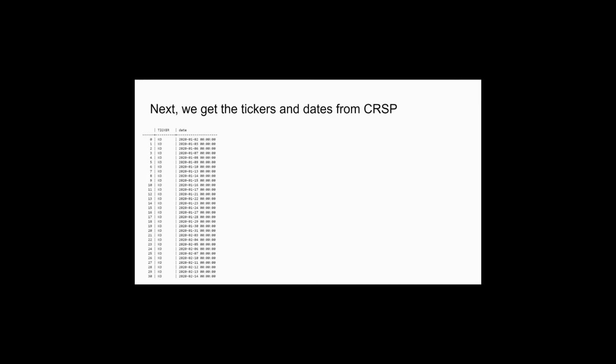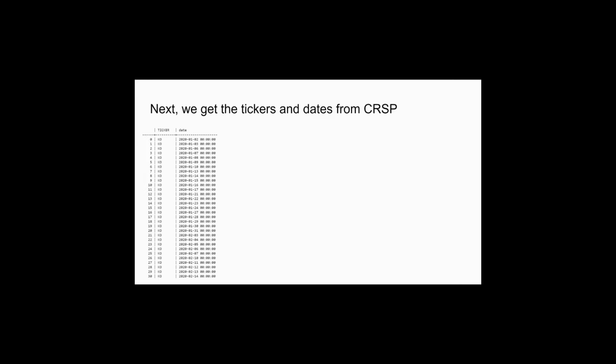Okay, so now if you think about it, what we want to do next is merge. This is the CRISP data. We want to merge in the CompuStat earnings announcement data, right? So we have these returns data every single day, and then we're going to have the CompuStat quarterly data, and it's just going to be one observation per quarter, right?